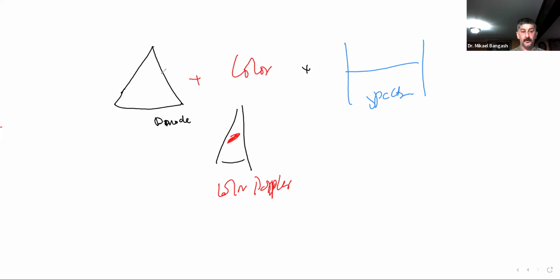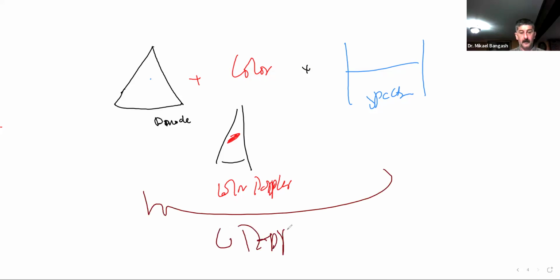Did that make sense? So what do you get when you put all these three together? Although there's not much of a point of doing it, all these three together can be called a Doppler triplex.